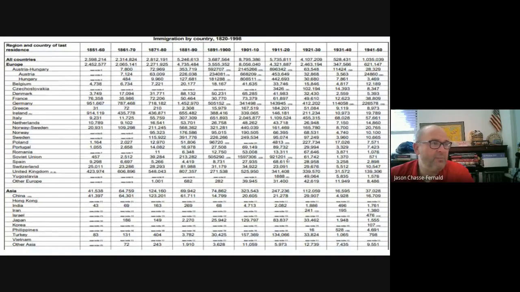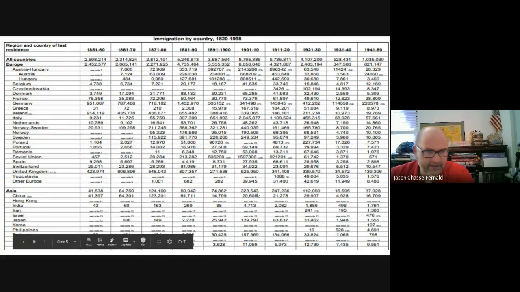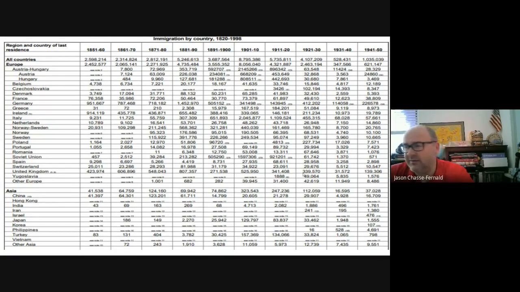All right. Then we'll break this down as well. So this is still immigrants coming into the United States, and it's broken down by country. In class, we'll do a variety of things with this. We'll look at this early period here, where most of the immigrants are coming from Europe.